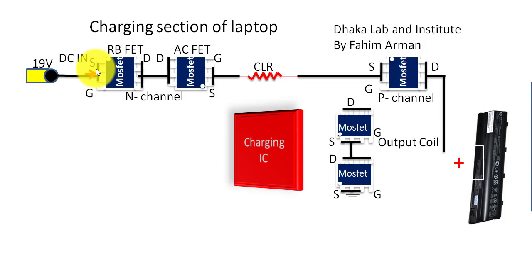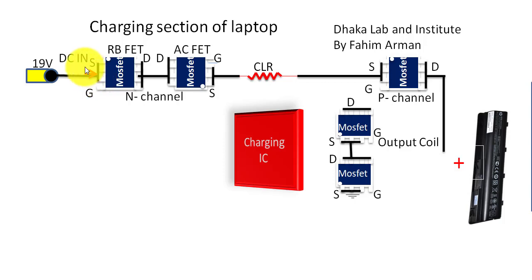So the voltage will pass easily, but some voltage will be dropped. We don't want to drop the voltage because it is very important that the full 19 volt should go. So for that reason we need switching to pass 19 volt in full. Later on we will see how it will pass.